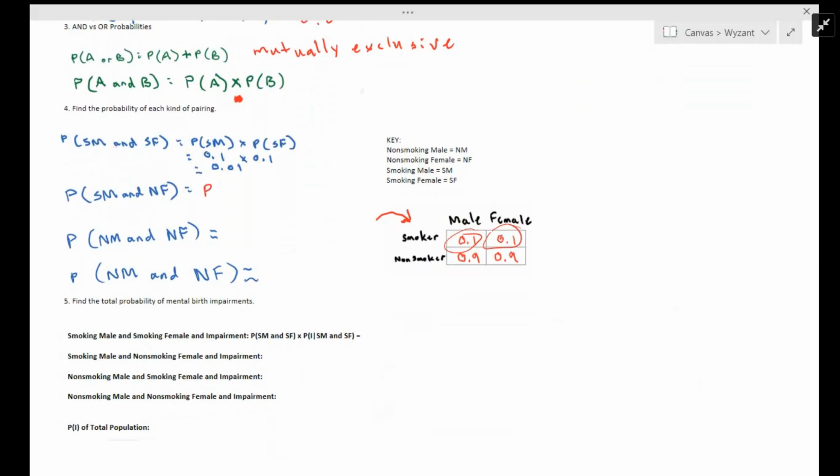The next one, probability of a smoking male times the probability of a non-smoking female, we'll have 0.1 times, so the non-smoking female is now 0.9, and that will give us 0.09. So you can find the next two parts using the same chart.